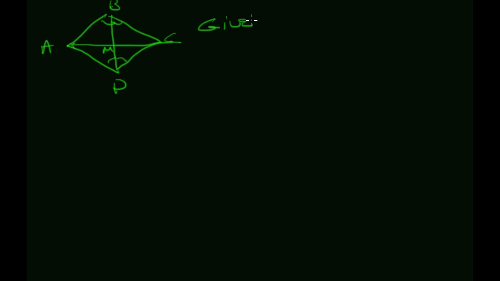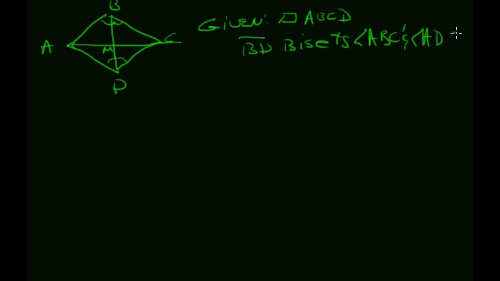So we're going to be given that parallelogram ABCD such that segment BD bisects angle ABC and angle ADC, and we want to prove that ABCD is a rhombus.